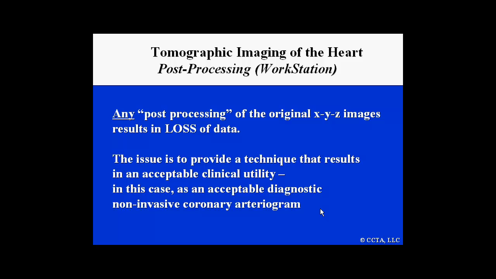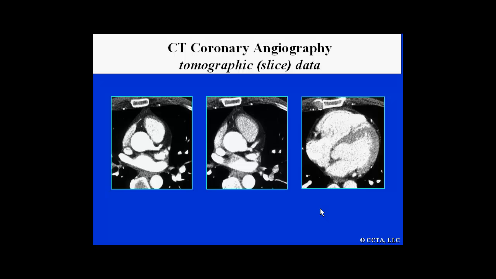So it's important that any post-processing of the original X, Y, Z images does not result in enhancement of the data, but a loss of data. And the issue is to provide a technique that results in an acceptable clinical utility, or in this case, an acceptable diagnostic, non-invasive coronary arteriogram.